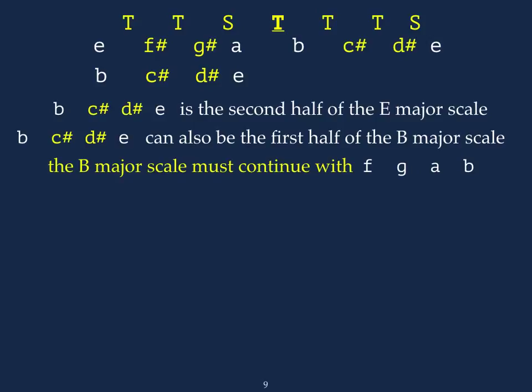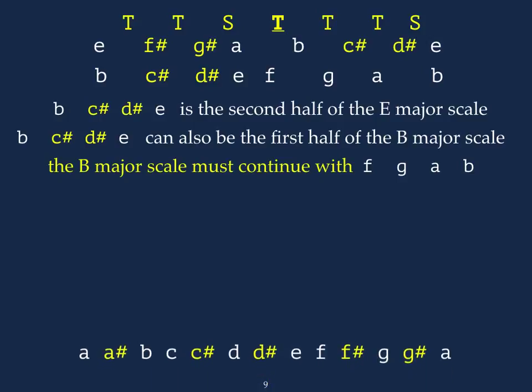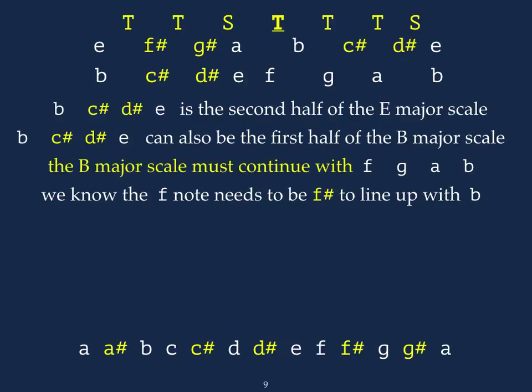It must continue in alphabetical order, F, G, A and B. Here are our 12 notes. We know the F note needs to be F sharp to line up with B. There it is.